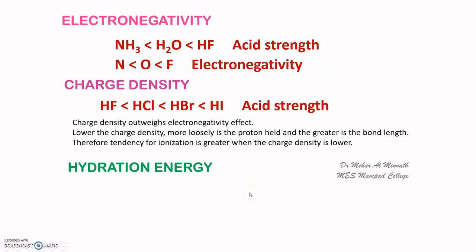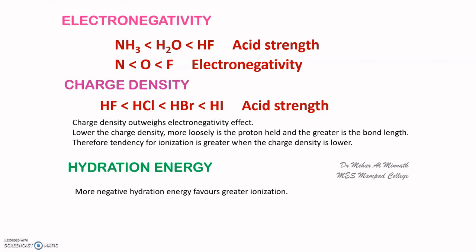Another factor is the hydration energy. The more negative the hydration energy value, the better it favors ionization. Here HI has the most negative hydration energy value, and that's why HI gets ionized easily.